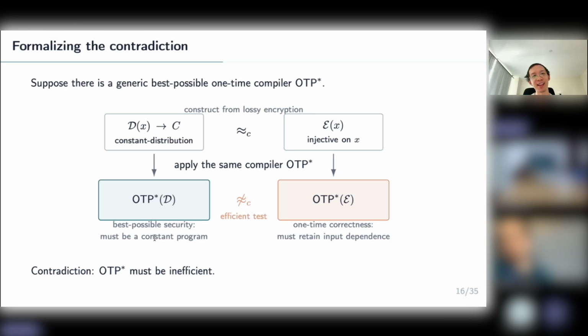I know lossy encryption is very old, 20 years at this point, and definitely people didn't propose this notion to rule out best possible one-time programs. Yeah, they have various applications before this work, but I don't know what the original motivation for this was. But they are cryptographically useful.